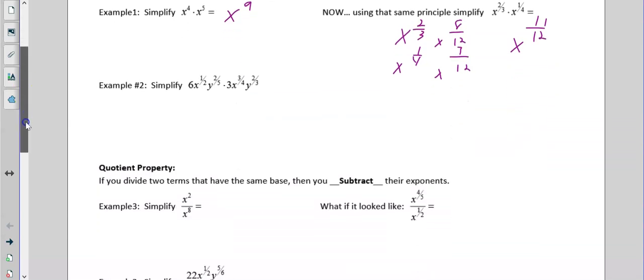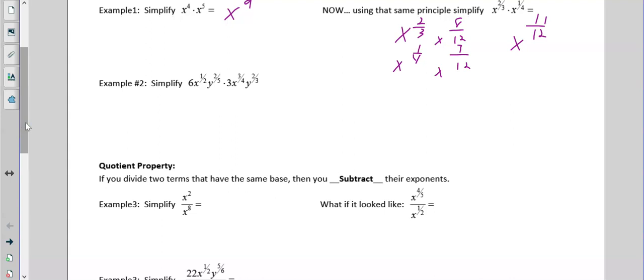So next one, a little bit more work. So we have our numbers first, 6 times 3, that's 18. Then we have x to the 1/2 and x to the 3/4. Now you may want to just change this right here, like 1/2 becomes 2/4. That might be easy if you want to do it that way. So 2/4 and 3/4 is 5/4, and you can leave them as an improper fraction.